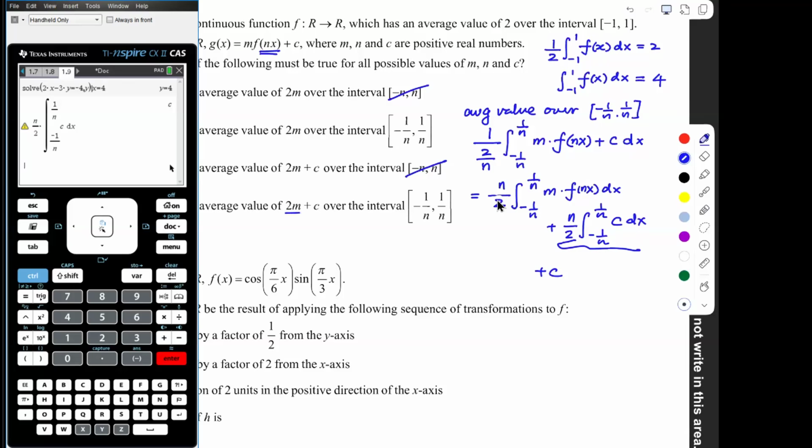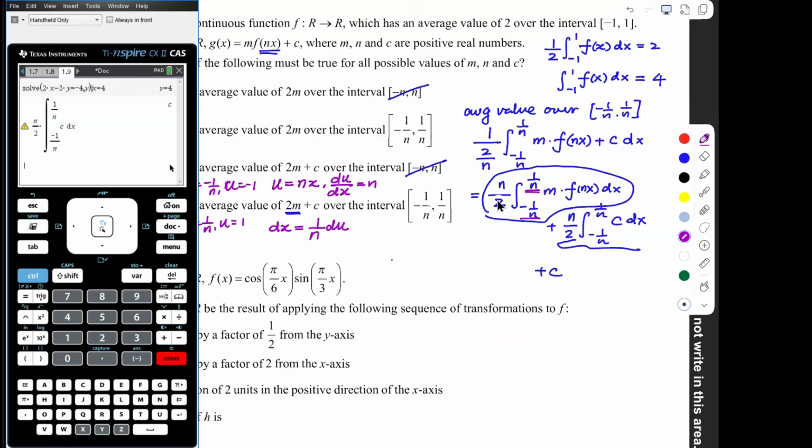And if you're tracking, when x equals minus 1/n, the u value is minus 1. When x is 1/n, my u value is 1. Therefore, you would get a half times the integral from minus 1 to 1 of f(u) times 1/n du. So the n's can be canceled out, okay?